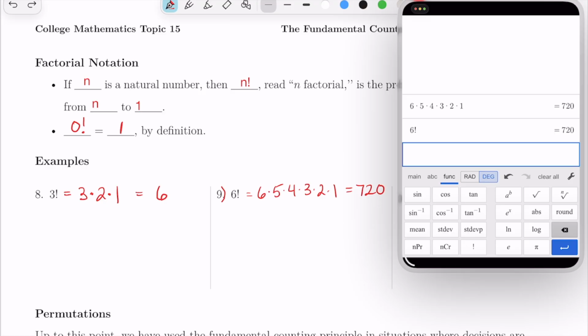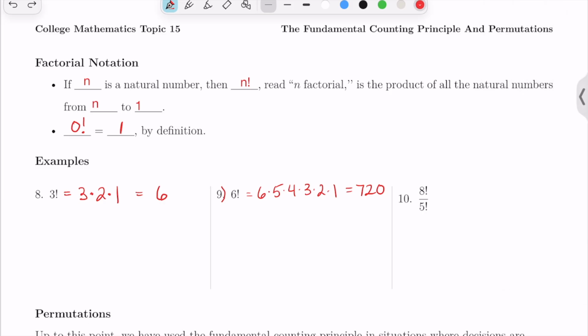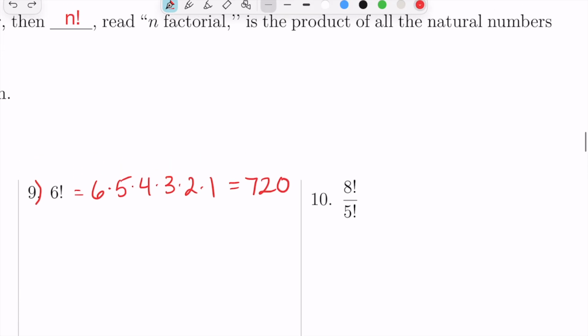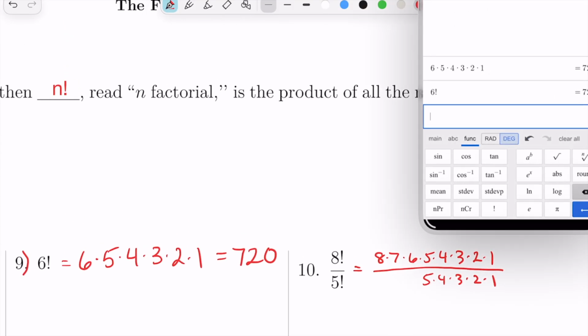Good news. The next thing is we have 8 factorial over 5 factorial. If we expand this out, 8 factorial goes 8, 7, 6, 5, 4, 3, 2, 1. And 5 factorial means 5 times 4 times 3 times 2 times 1. And we can go to our calculator, get that numerator and the denominator and have it do it that way.